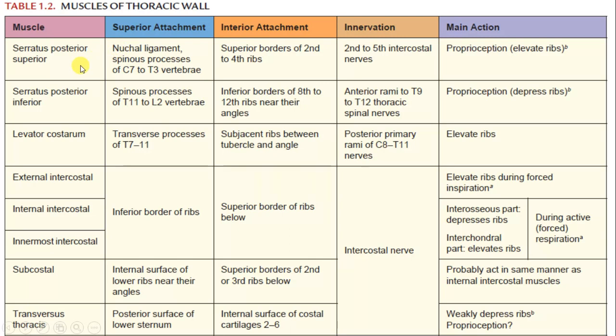The accessory muscles also include serratus posterior superior and serratus posterior inferior on the back, levator costarum, and transversus thoracis, which are concerned with the ribs, and the innermost, the subcostal and the transverse. These are the muscles of respiration, and here are shown their attachments, superior and inferior, innervation, and main action.